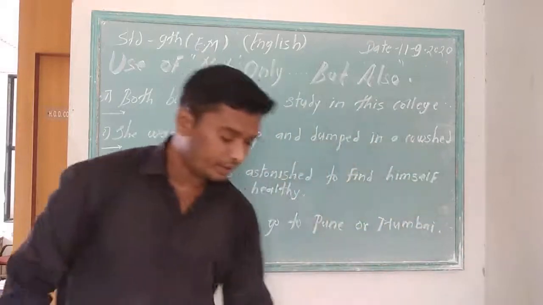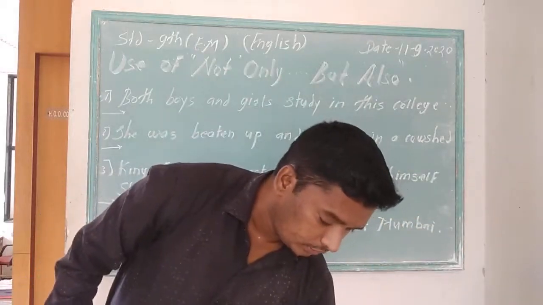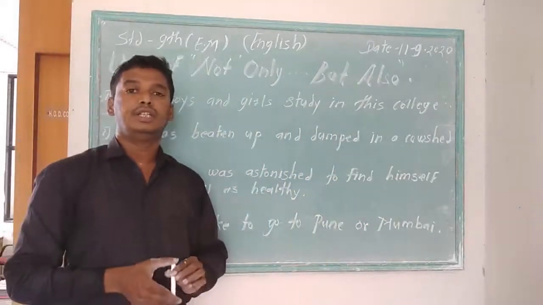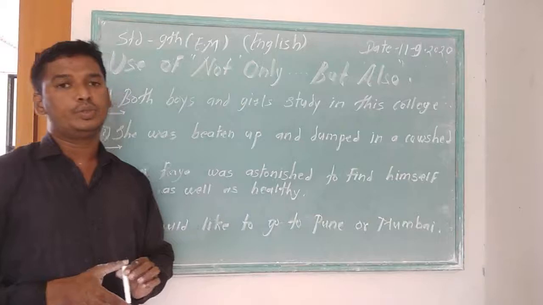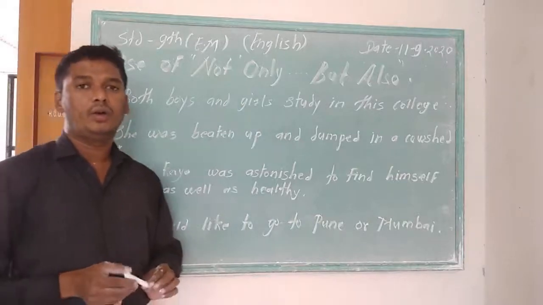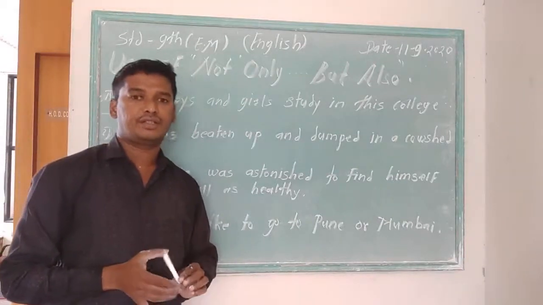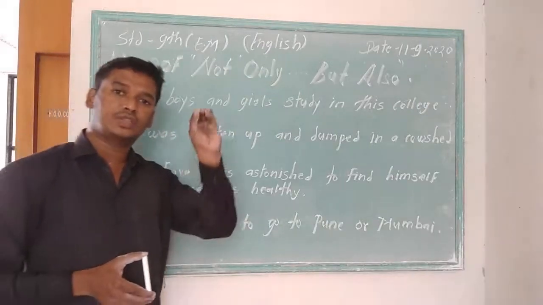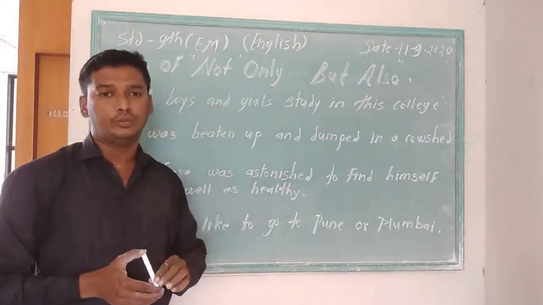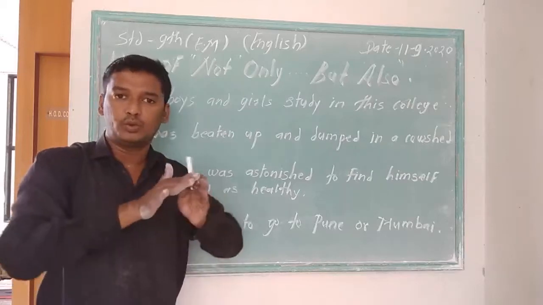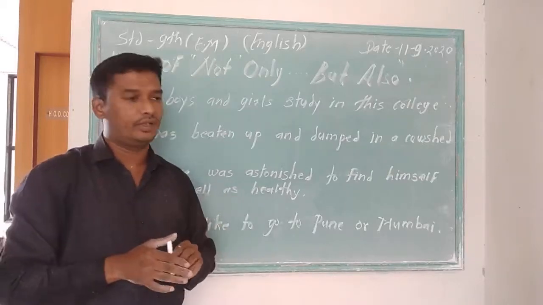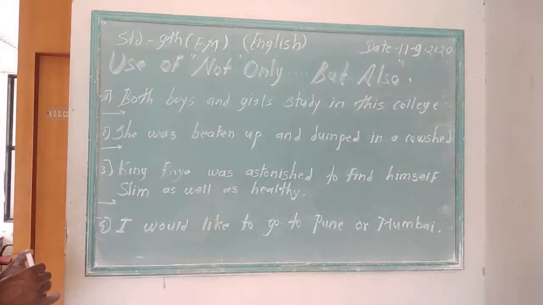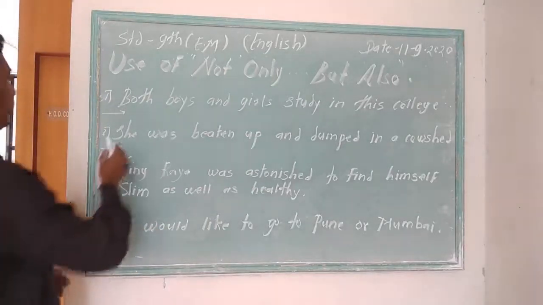If only one sentence would be given, and in that sentence two parts would be joined with and or as well as, then we have to join such two things with not only but also at that place, and we have to remove that joining word. Look, first sentence: both boys and girls study in this college.